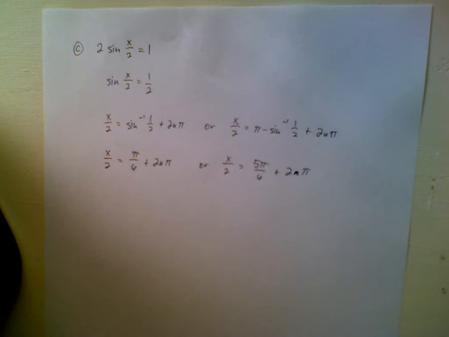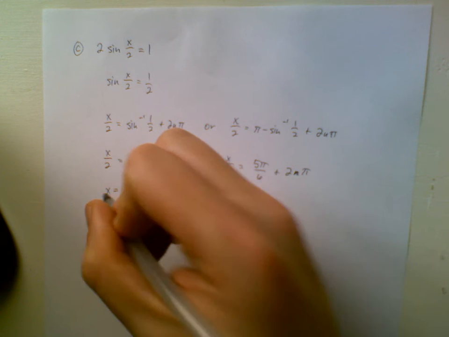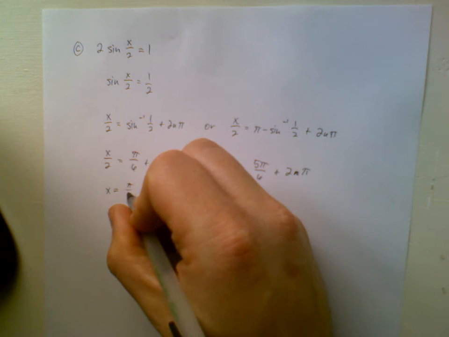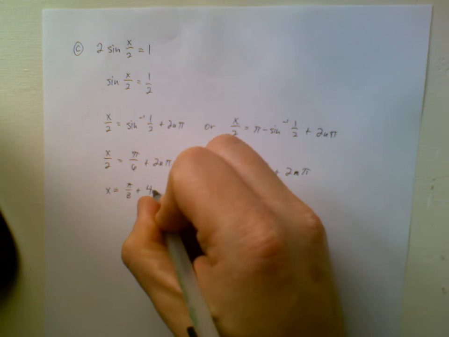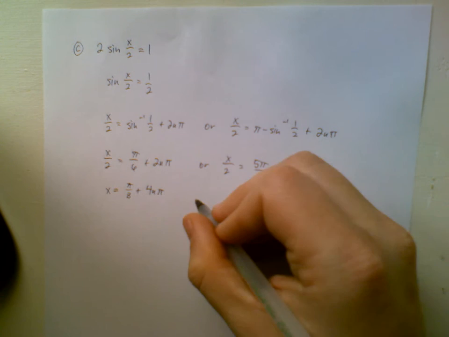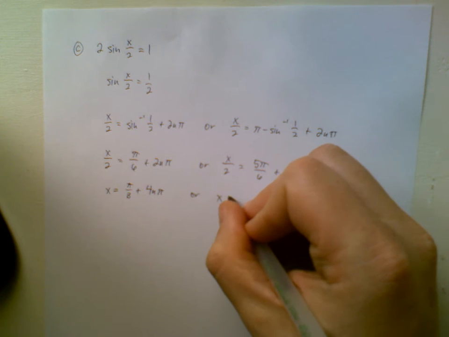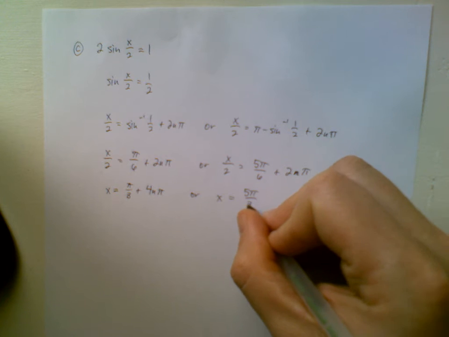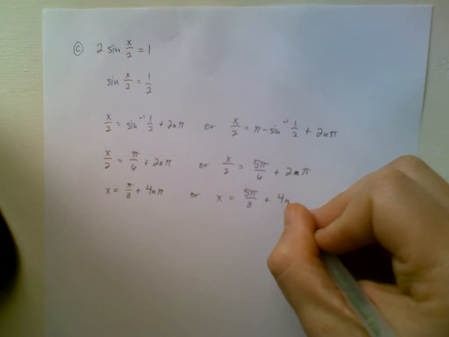And then to finish solving for x, in this case, we would multiply through by 2, right? So we get 2 pi over 6, which is pi over 3, plus 4n pi, or x equals 5 pi over 3 plus 4n pi.